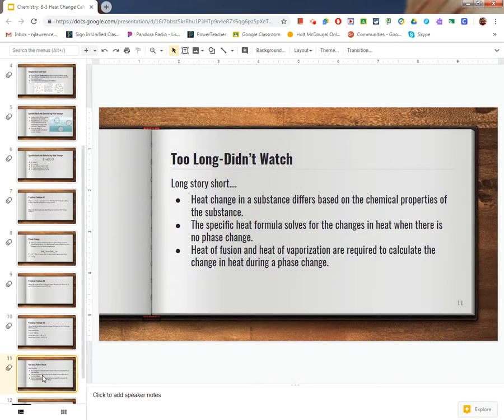As we start to wrap it up, here's the long story short. Heat change in a substance differs based on the chemical properties of the substance. The specific heat of water is different than the specific heat of ice, which is different than the specific heat of gas. And all that is different from the specific heat of methane or glucose. The specific heats will always be given to you. Those things have already been researched extensively, and you can always find that information through scientific websites or charts.